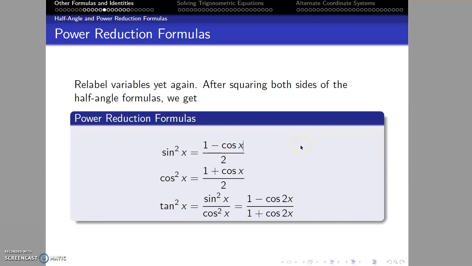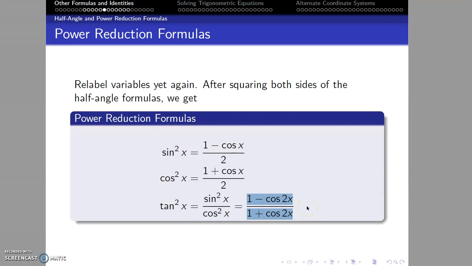That said, the power reduction formulas, by virtue of not being anything new, don't bring anything new to the table, but it's a matter of convenience. It's a matter of quality of life. And it is a nice boon to have something like, oh, I've got this thing right here, 1 minus cosine 2x over 1 plus cosine 2x.